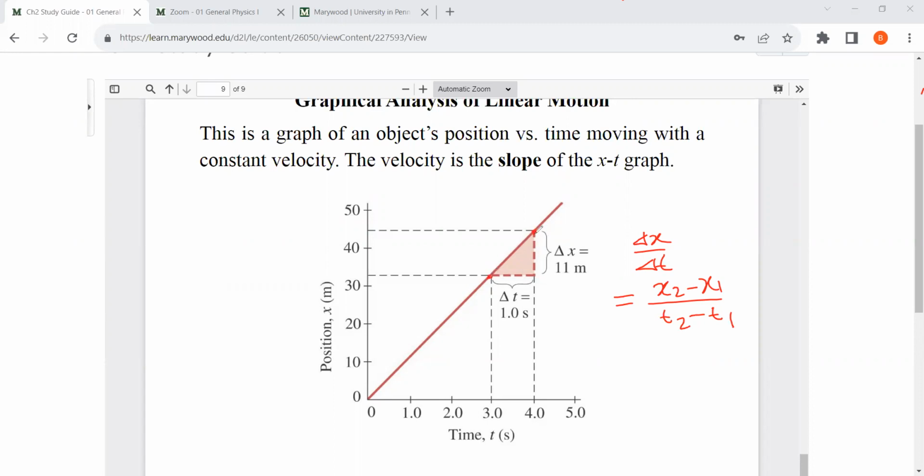This is final and this is initial. So this is x2, and this is x1. x2 is probably 45 and x1 probably 32, and this is t1 and this is t2.